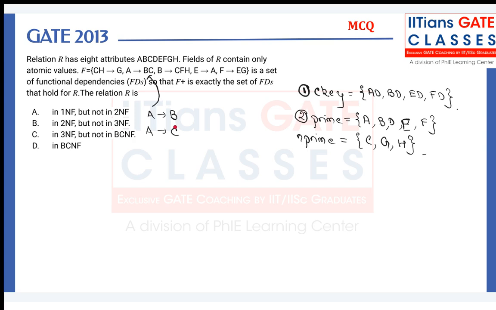Now, is A derives C a partial dependency? B derives C, B derives H is also a partial dependency. Very good. So what is the correct answer? Okay. Understood? Did you understand or do you have a question?